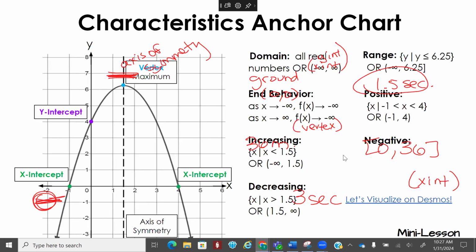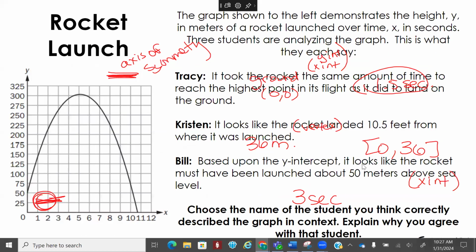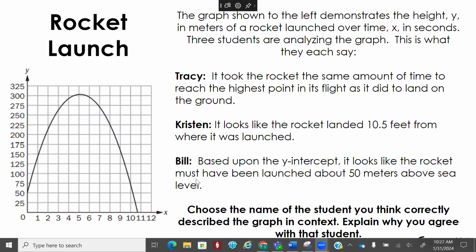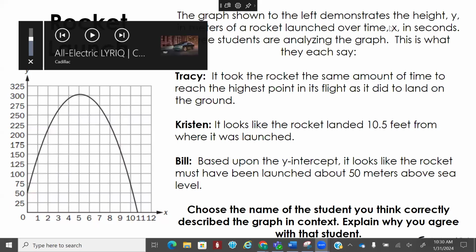Okay, so you already have this filled out on your paper, which is great. Okay. Go ahead and take a look at this question. Tracy, Kristen, and Bill. Choose the name of the student that you think correctly describes the graph in context. And one is correct. Bill's correct. Why is Bill correct?